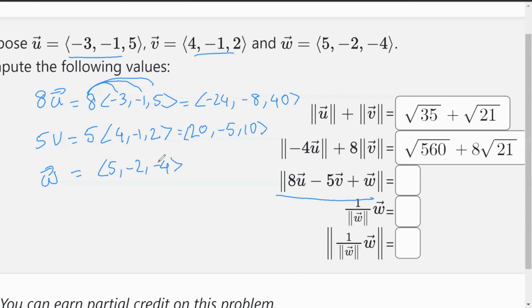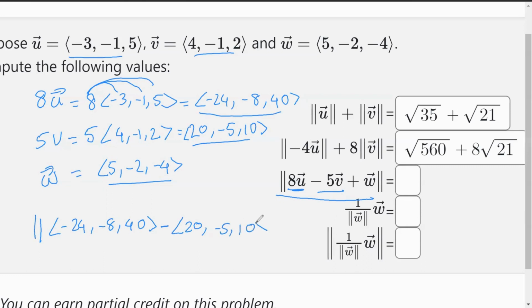So now what I have to do is 8u minus this one plus this one. So negative 24, comma, negative 8, comma, 40, minus 20, comma, negative 5, comma, 10, and plus 5, comma, negative 2, comma, negative 4.